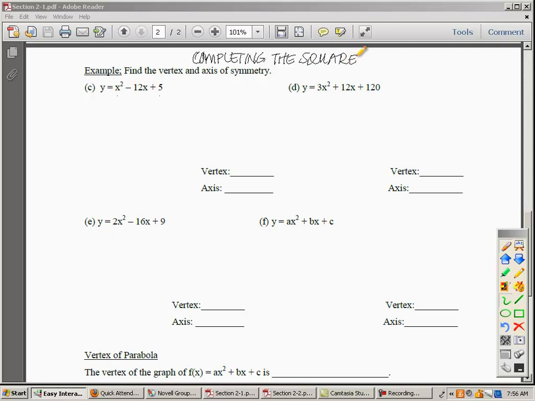Okay, so we're going to work on completing the square. And this is not a topic that we talked about in Algebra 2, so this is new. What we are going to do is basically we're going to group the first two quantities, and we're going to try and make that somehow the x plus something squared.